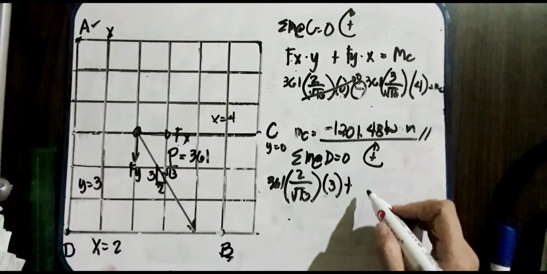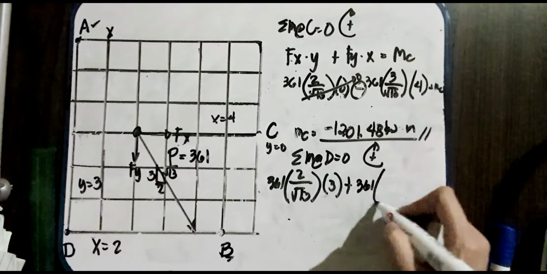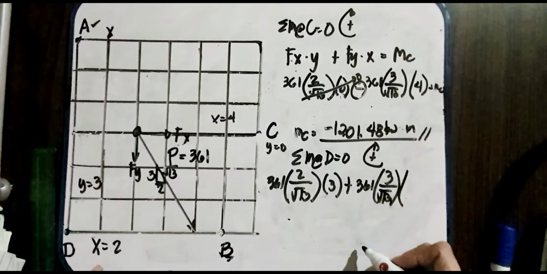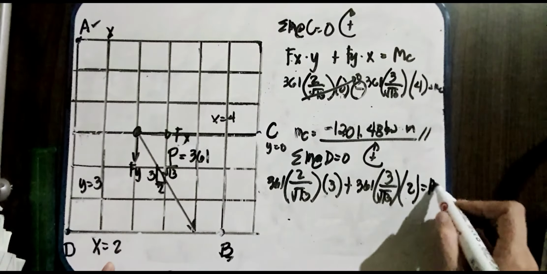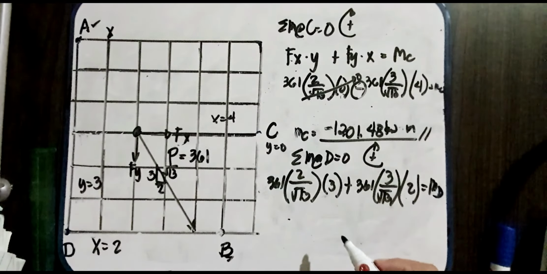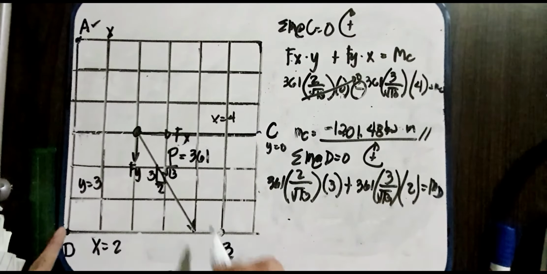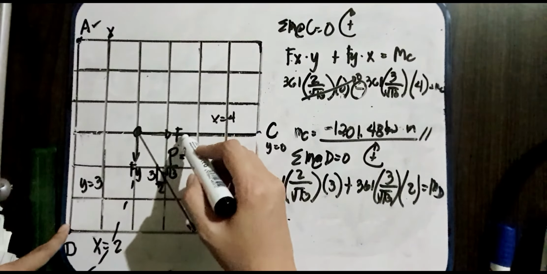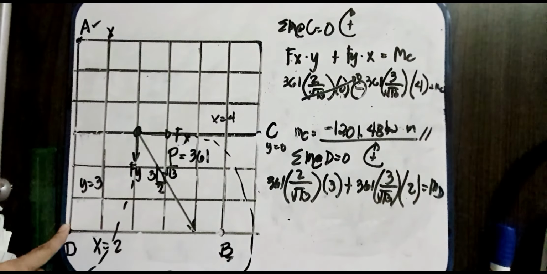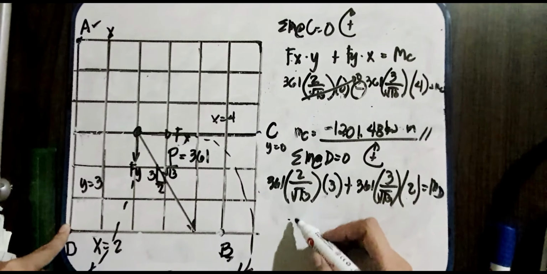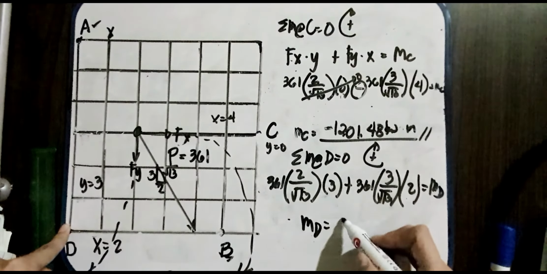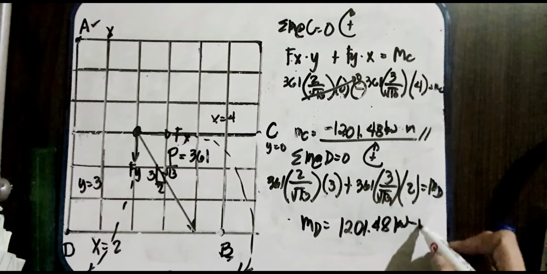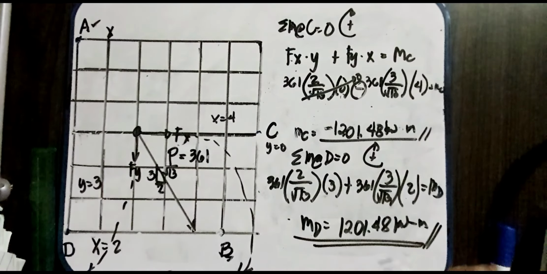Okay, plus Fy natin is 361 multiplied by 3 all over square root of 13, multiplied by natin ng 2 is equal to moment D. So, check natin yung points if it is positive or negative. So, this is clockwise, positive, yung rotation yan. And then ito, rotation nito is also positive kasi clockwise, clockwise. So, we have moment D is equivalent to 1,201.48 kilonewton meter. So, that is the moment D.